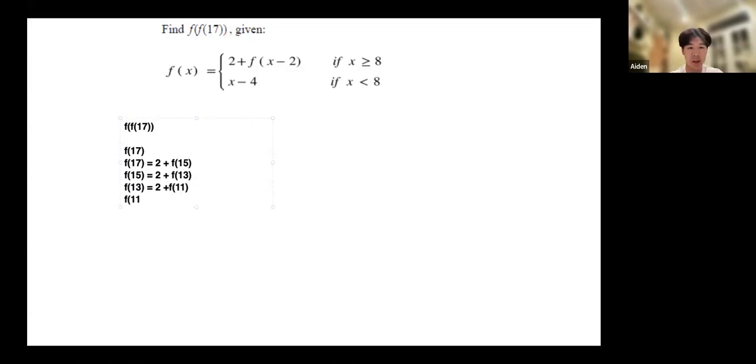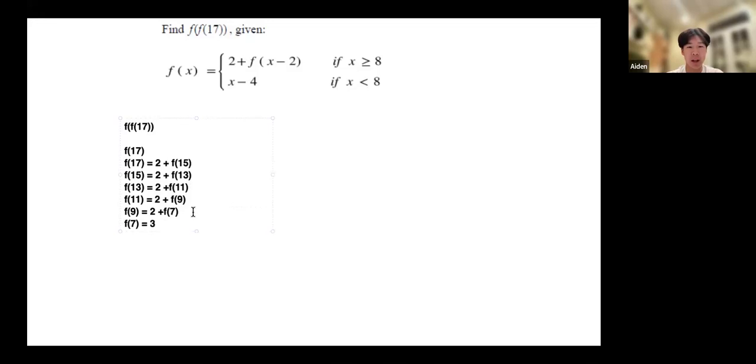F of 11 is equal to 2 plus f of 9. Finally, we get f of 9, which is equal to 2 plus f of 7. Since 7 is less than 8, we can follow the bottom case here, which is our base case, which brings us to f of 7 equal to 3.